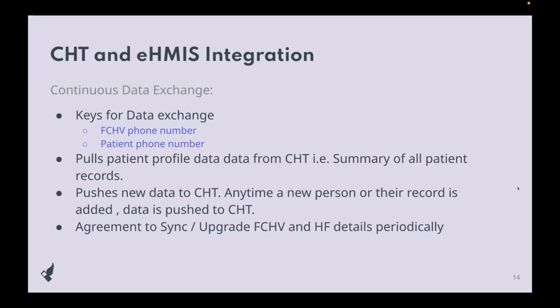Basically, how the integration goes is that at first, in the initial sync, we create a patient profile that will have all those aforementioned data, and then it will be passed to eHMIS. It's a pull system: eHMIS would pull the data anytime the user in eHMIS logs in and goes into a particular health facility.